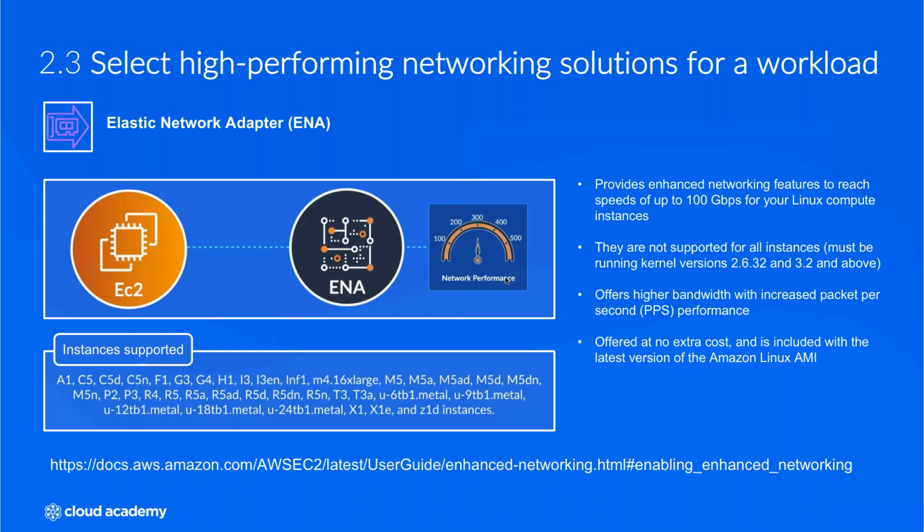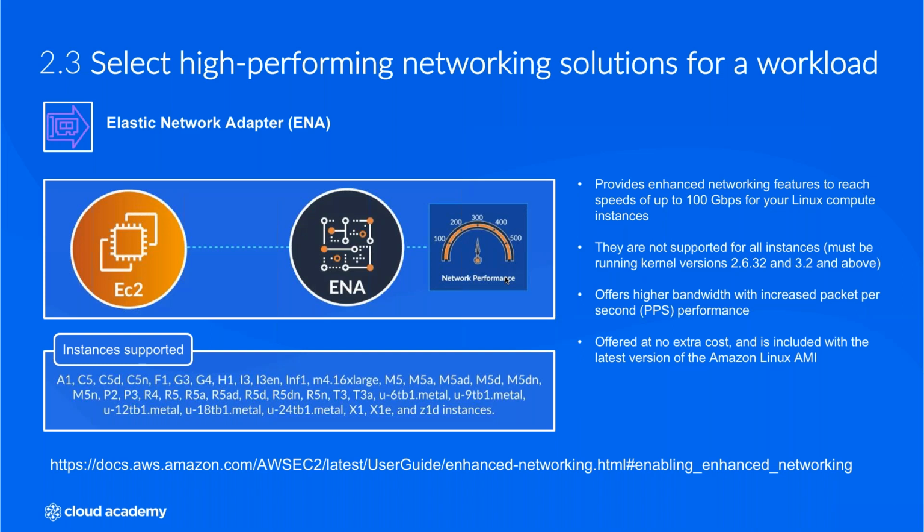It also offers higher bandwidth with increased packet per second performance. And if you launch an Amazon Linux 2 AMI today, then by default it will have enhanced networking enabled, as long as it's launched on one of those supported instance types.